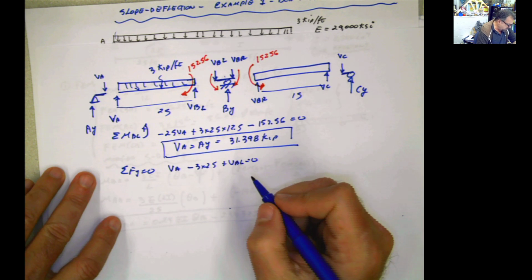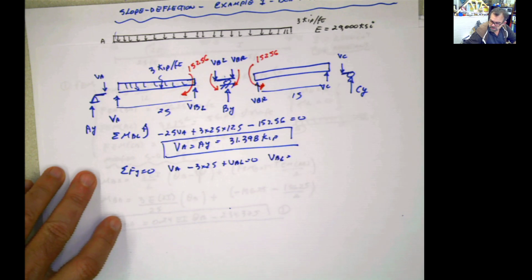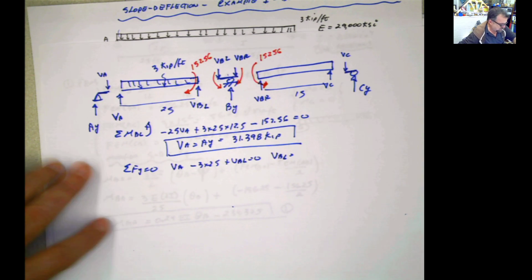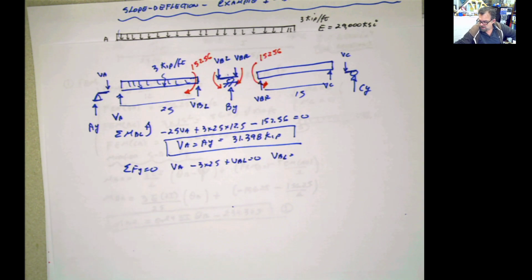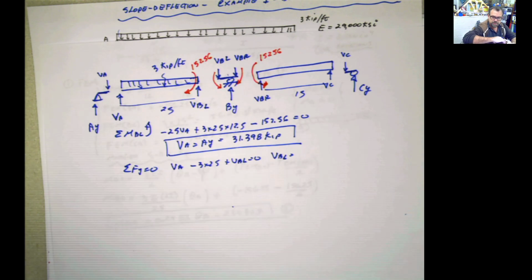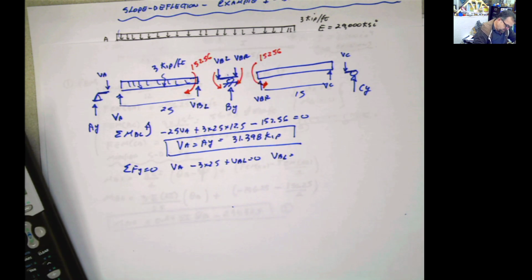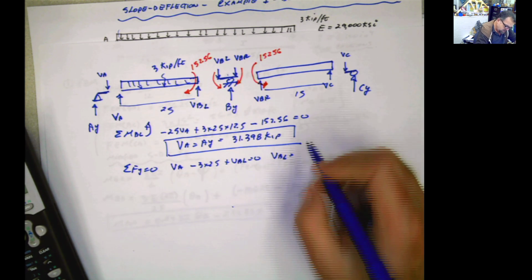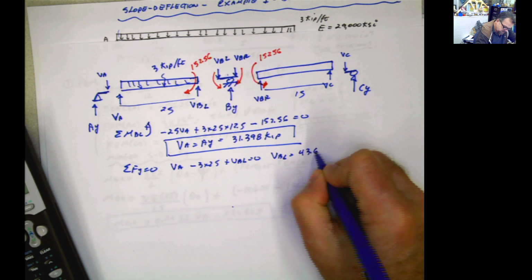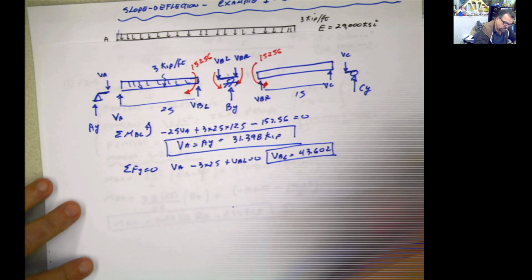So I can calculate that VB to the left is, this is my calculator, 75 minus 31.398. So that value is going to be 43.602. Now I can repeat the same procedure on the other side.